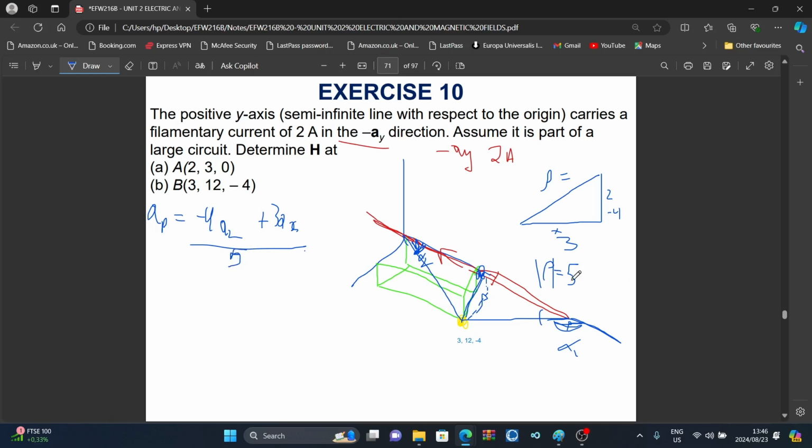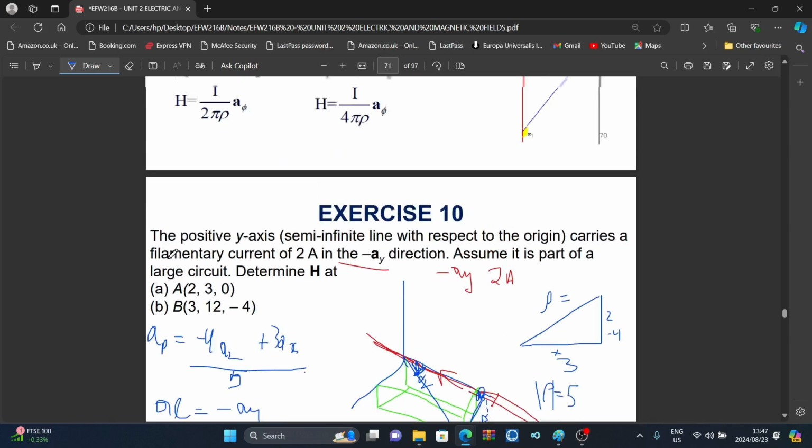Our magnitude here is the same as that, which is our phi. Just remember it. So that will be our unit vector for a phi, and I believe you still remember our a alpha, from a is a y, because the direction has changed, right?